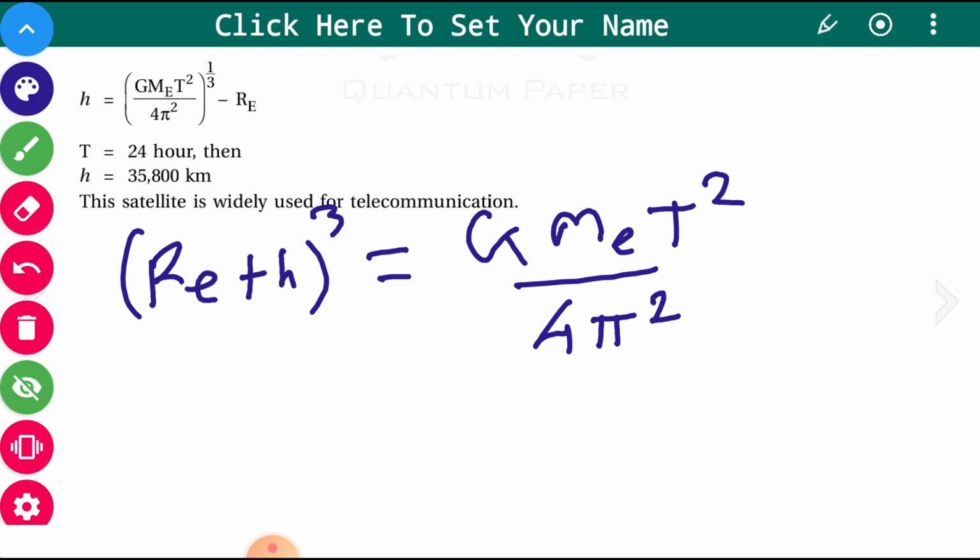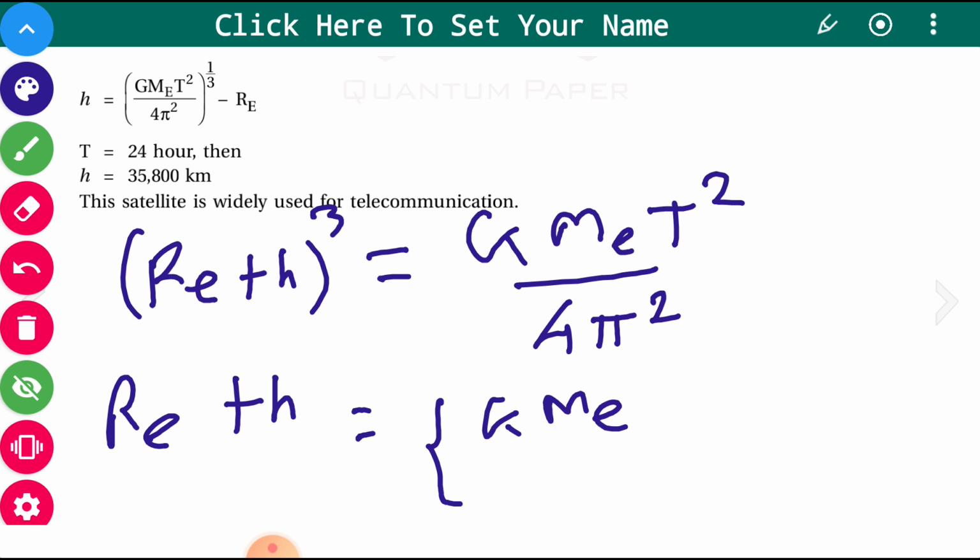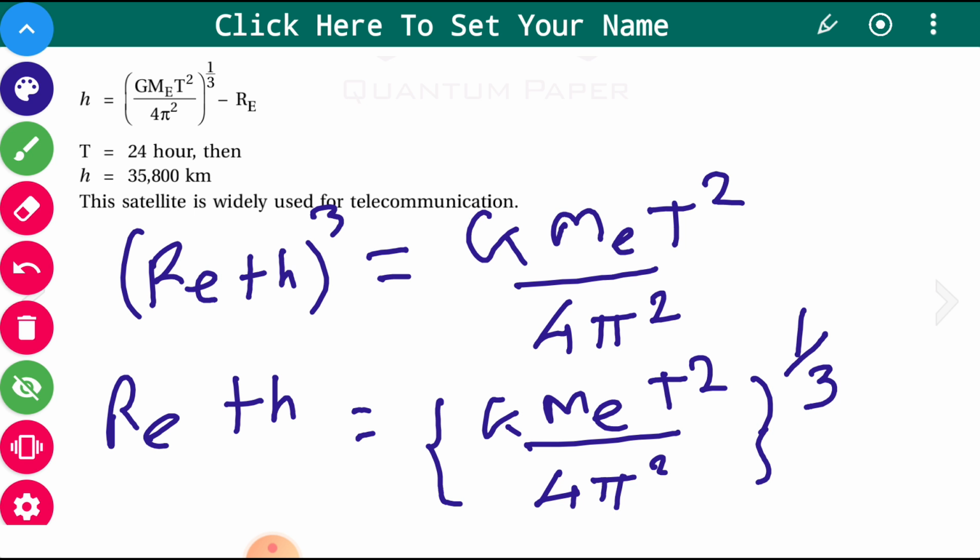Now taking the cube root, this becomes RE plus h equal to the cube root of GME T square upon 4 pi square. Now make h the subject of the formula, and this equation is obtained.